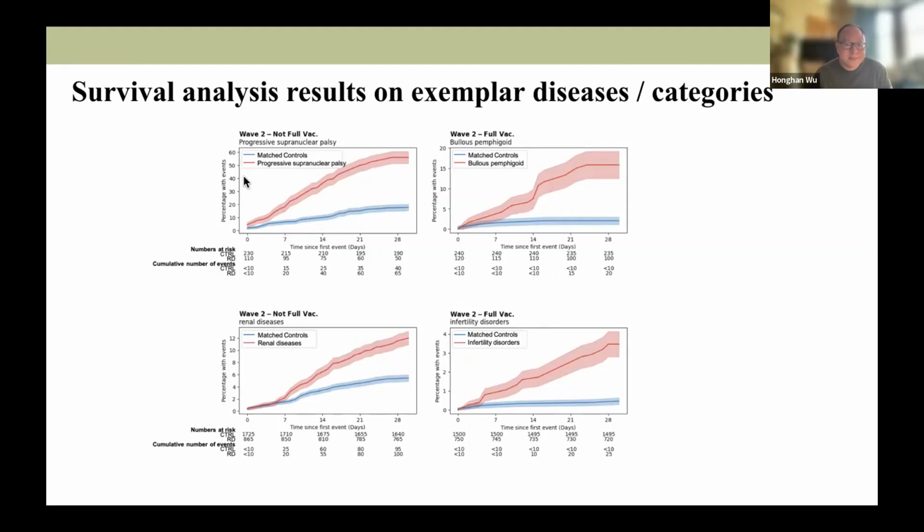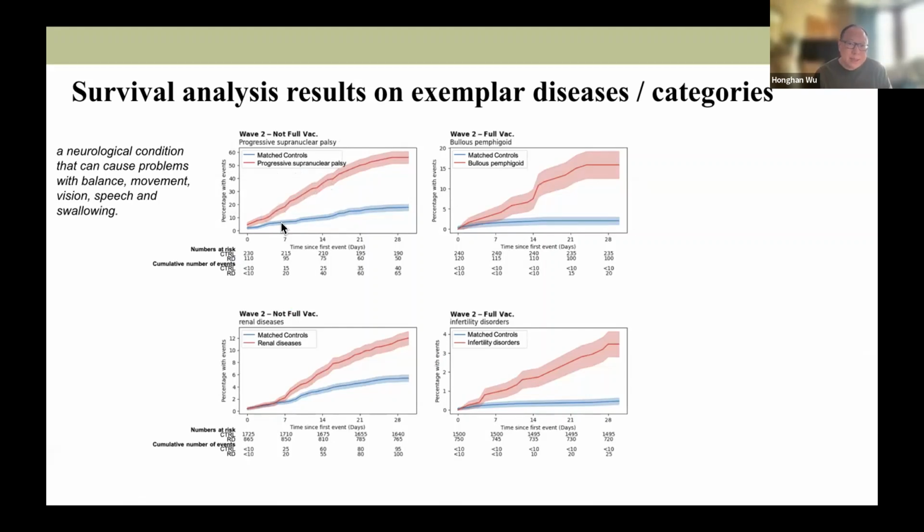In the top left corner, which is wave 2 not fully vaccinated, the exemplar disease is progressive supranuclear palsy, a neurological condition that causes problems with balance, movement, vision, and speech, and swallowing. The red line is for patients coded with this particular rare disease.